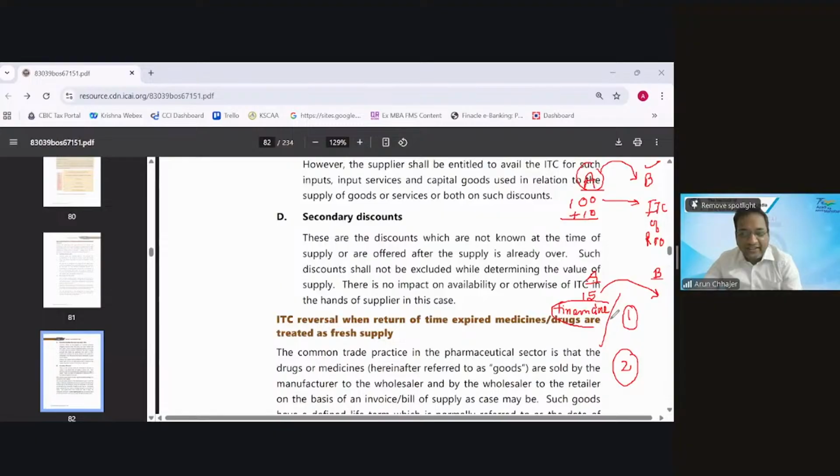Because a financial credit note will sometimes be treated as income in the books of accounts of B. As per accounts practice, people are giving this as discount received on the credit side of the profit and loss account. Income.